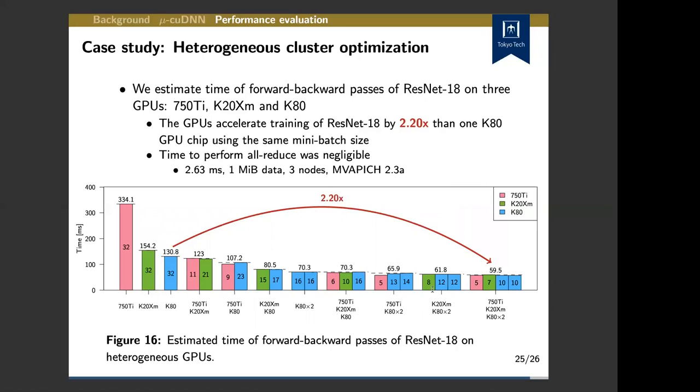So here we show that by collecting the computational time of each layer of each GPU by microcuDNN via the file-based database, we can analyze the performance independently from the framework type.